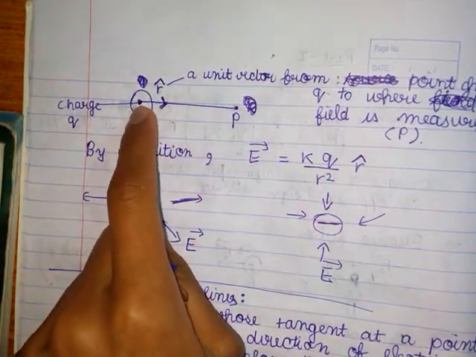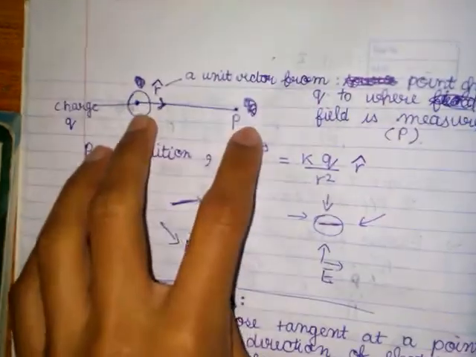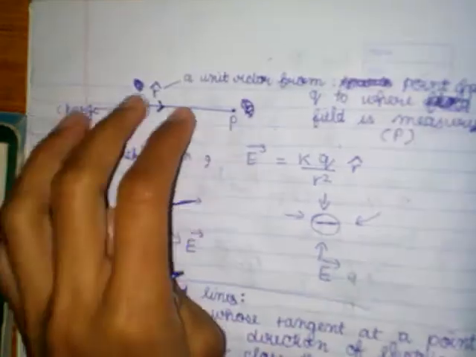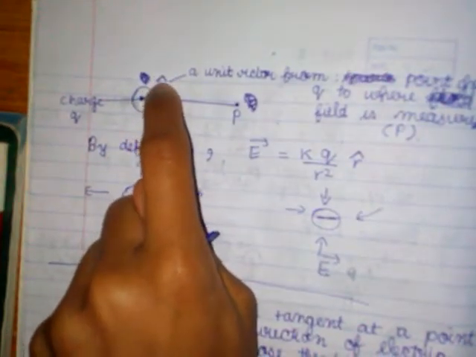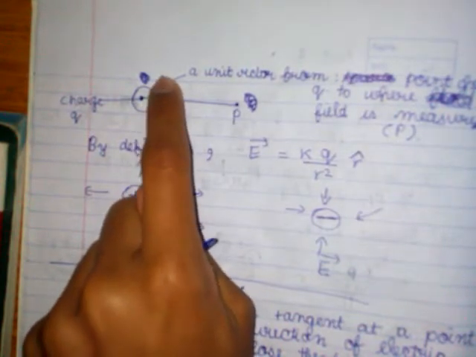Coming back to electric fields, we define the electric field vector to point in the direction from the source charge to the point where we actually measured the field. So this symbol is called r hat.